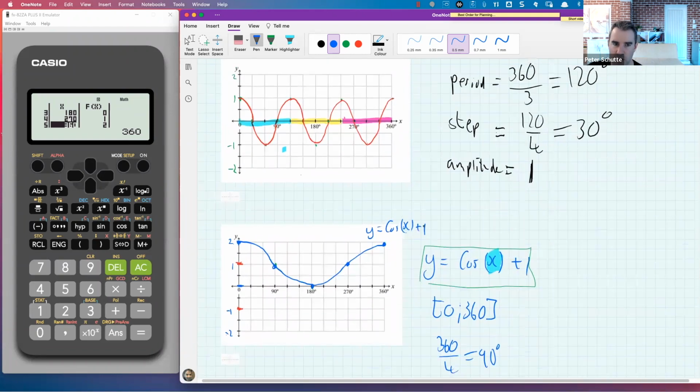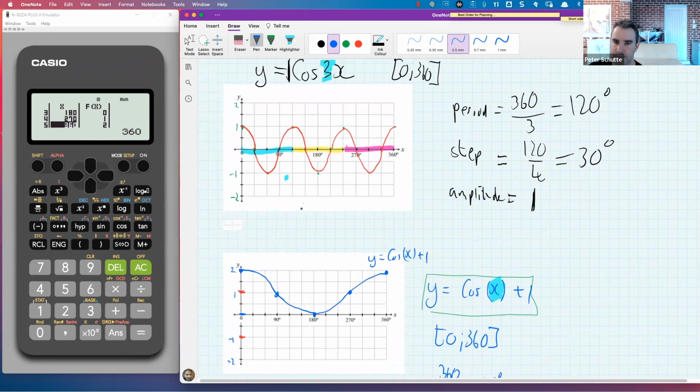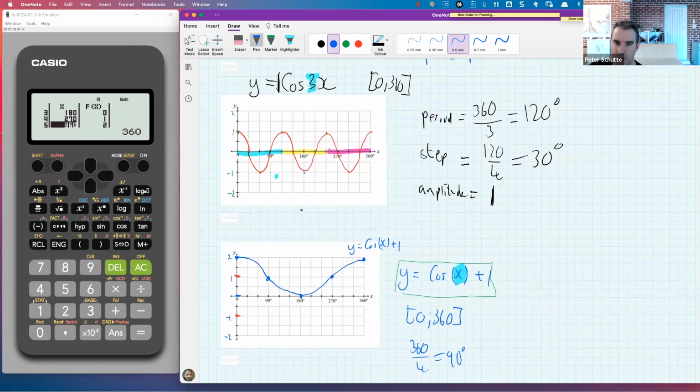You can see how it's different. It looks different because the period has been changed, but the basic shape of the graph is still down, down, up, up. And that's because that's the cos graph shape. I do like that I can zoom in and zoom out so easily. Okay.